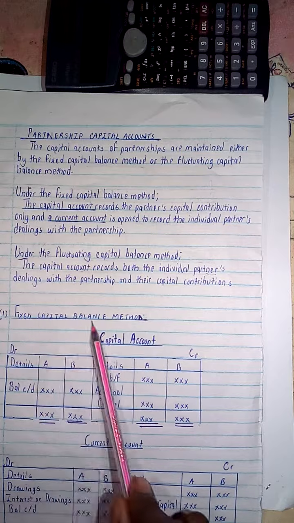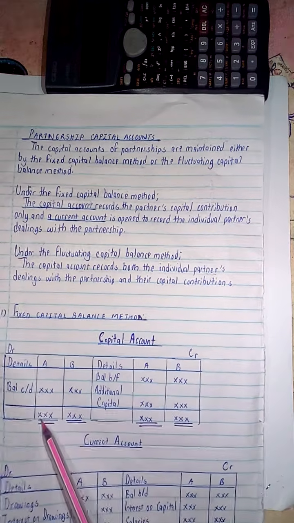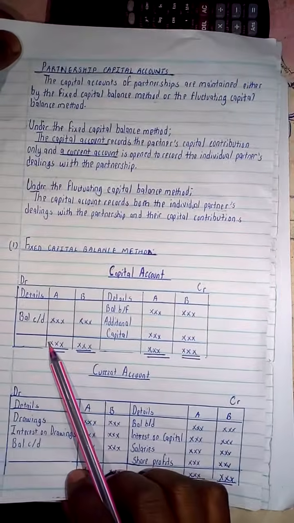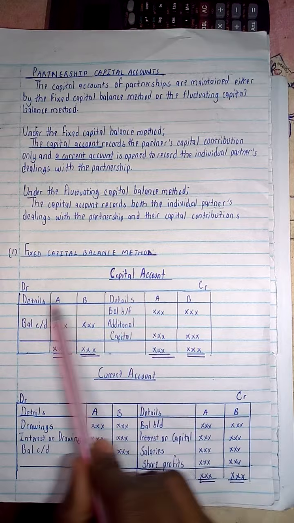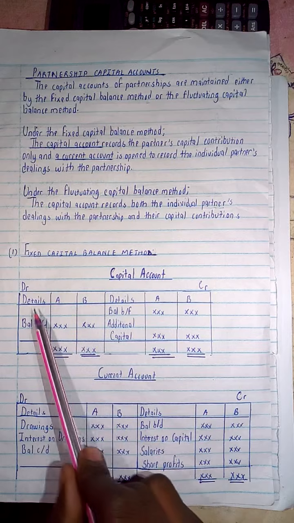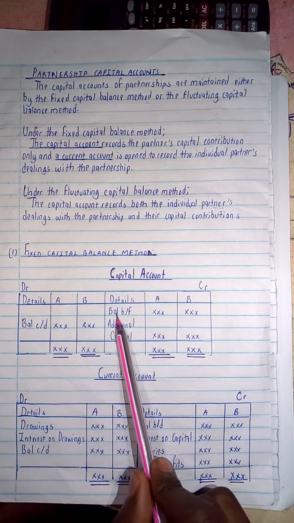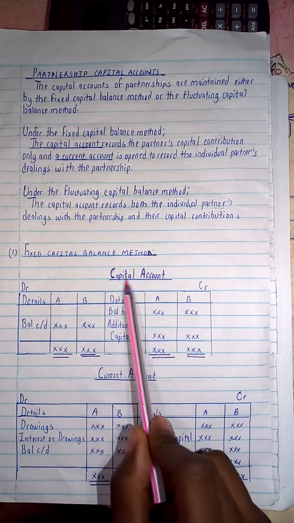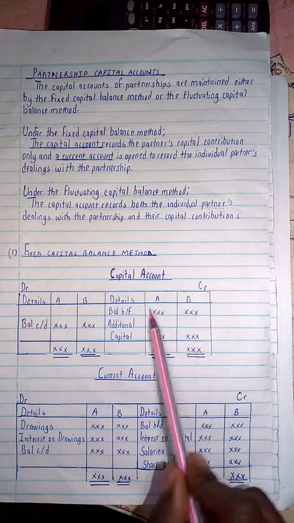Looking at the format of the fixed capital balance method, this is how it looks. You're going to be having the capital account, and I'm still assuming A and B as my partners, so you have your details for A and B. The capital account will have the balance brought forward. You know that capital has a normal balance brought forward, which will be on the credit side.